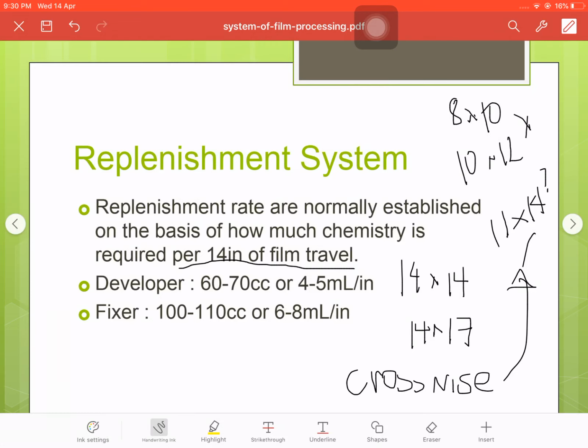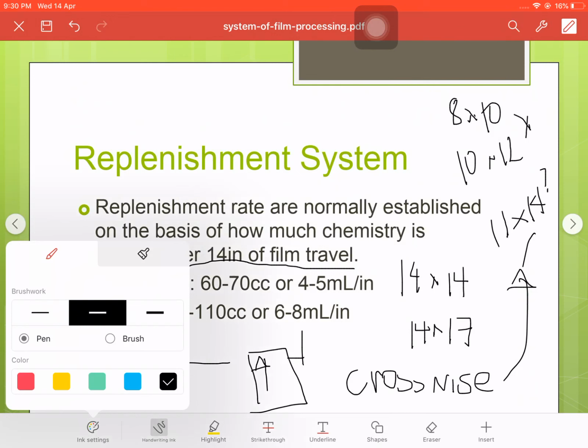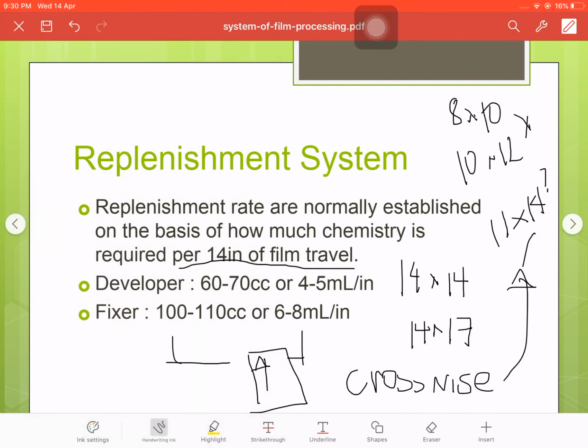Pero kung ipapasok mo yung ating film na 11 by 14 in lengthwise manner sa ating feed tray, there will be no replenishment. Pero kapag ipinasok mo siya ng naka-crosswise, there will be a replenishment sa ating chemical solutions.